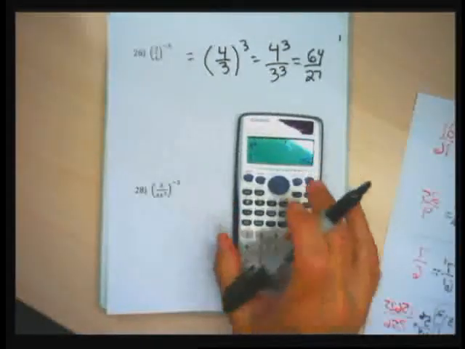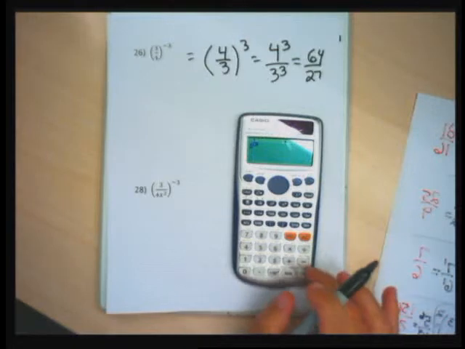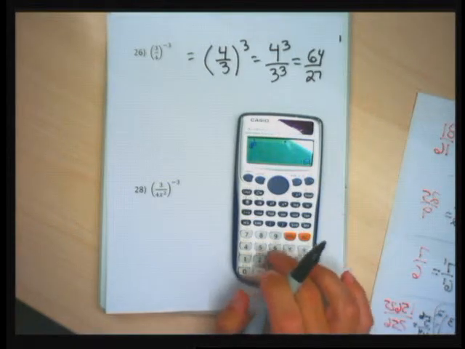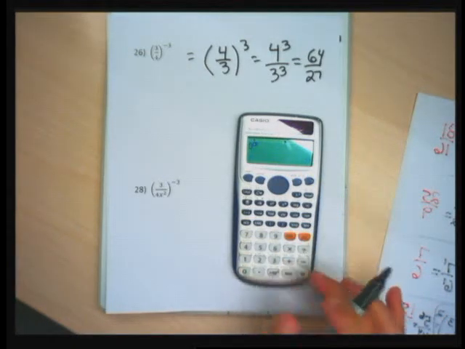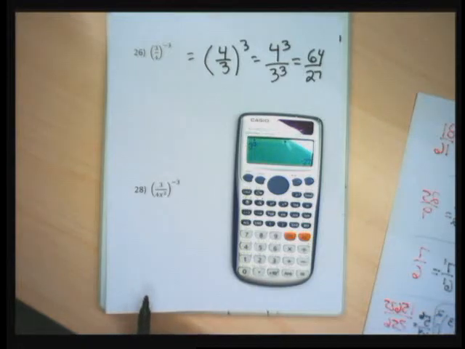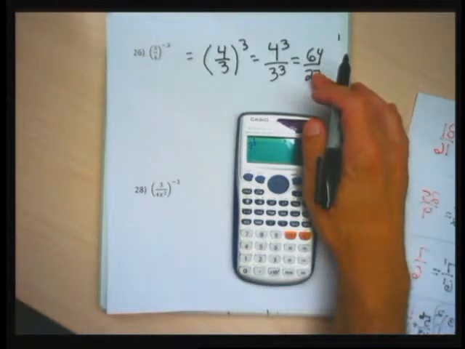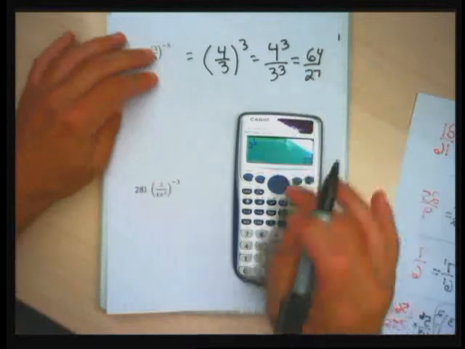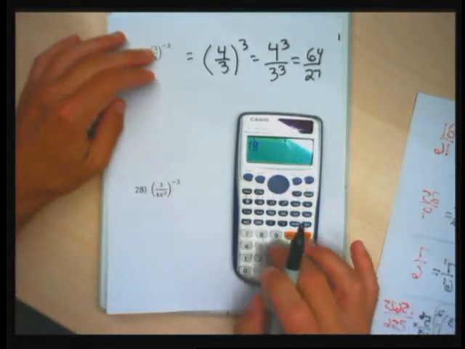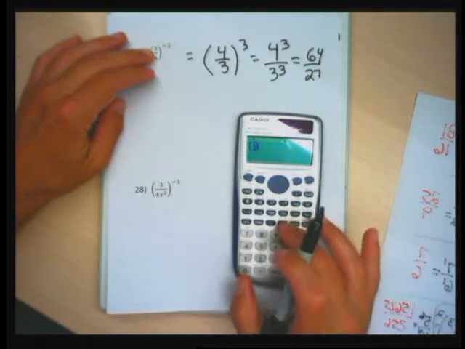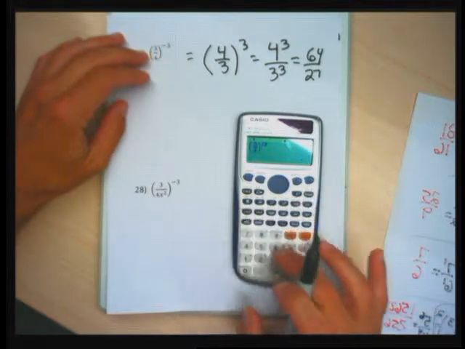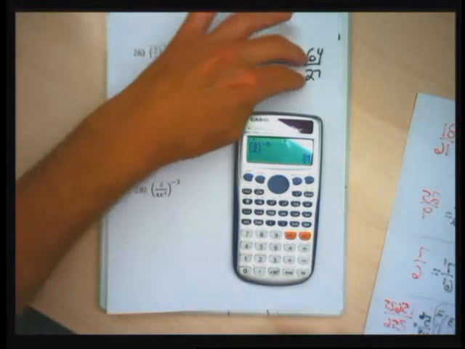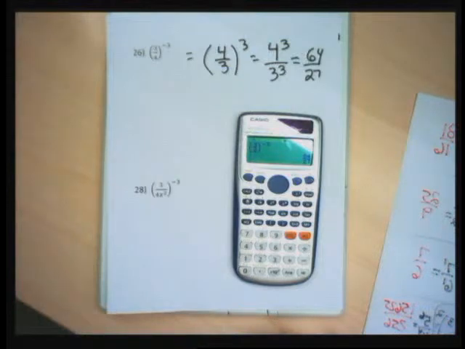If you didn't have them memorized, you could do 4 to the 3rd power and get 64, 3 to the 3rd power and get 27. Again, the answer is 64 over 27. I didn't even need to do this by hand. I could have just done parentheses, fraction, 3 over 4, parentheses, up arrow, negative 3, and my calculator would confirm that the answer is 64 over 27.